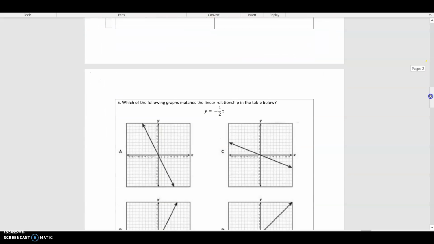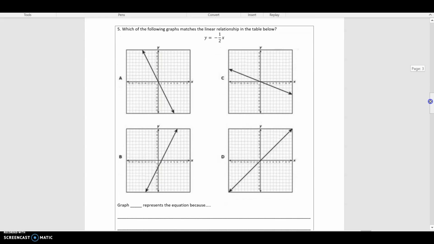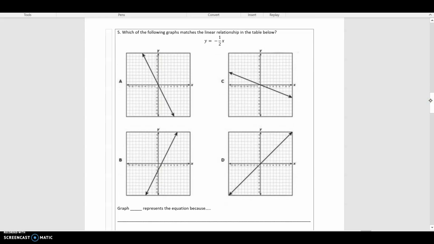All right, moving right along. So this is your last problem. Make sure that you are answering in complete sentences as you're going. So what we learned yesterday is with graphs, step 1 is our y-intercept. And in our equation y equals mx plus b, the b here is our y-intercept.